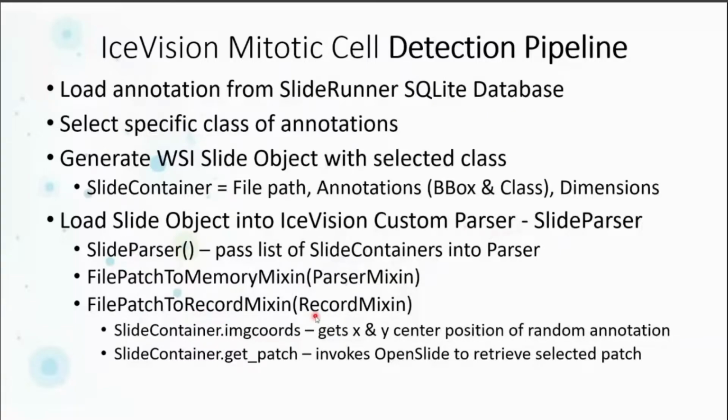Many of you have built your own custom parsers, so this may look familiar, and I'll rely on Lucas and Farid to expand on the details of the architecture. I used their assistance in creating this approach, and then we pass the image coordinates and retrieve the specific patch from the whole slide image to pass into the pipeline.